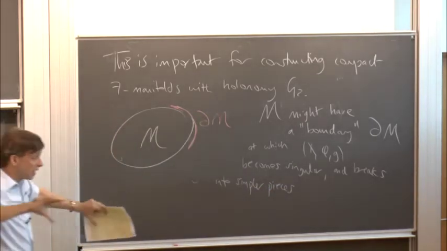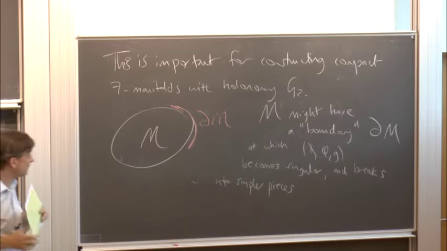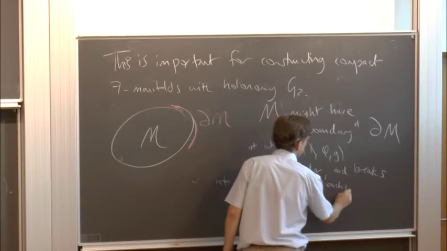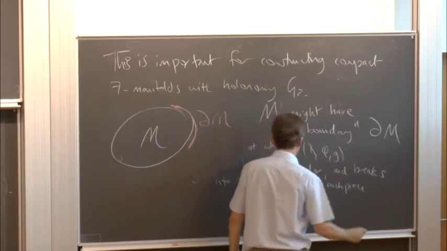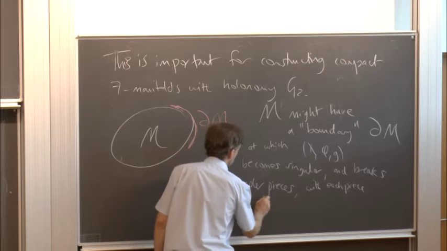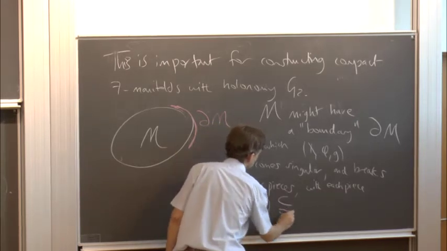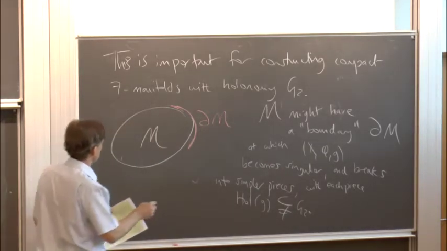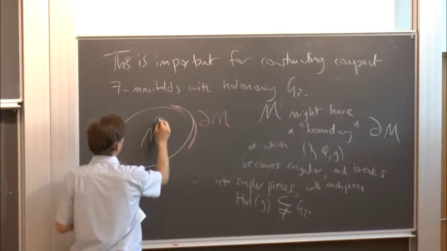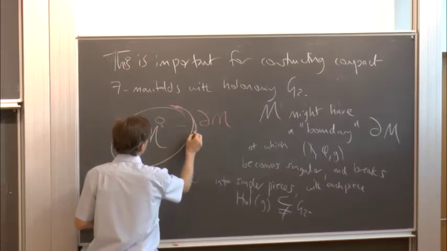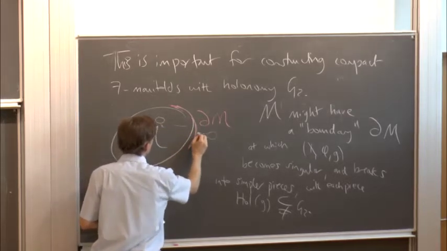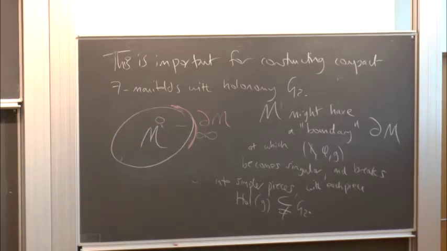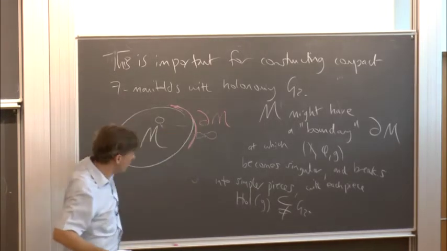So X might stretch into several pieces, and each piece actually has holonomy contained in but not equal to G2. So you can imagine that here you might have some X, and then as you go to the boundary it might be breaking into two pieces along some kind of neck, and then each of the pieces would be simpler.